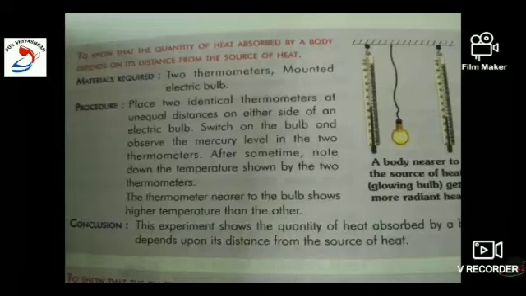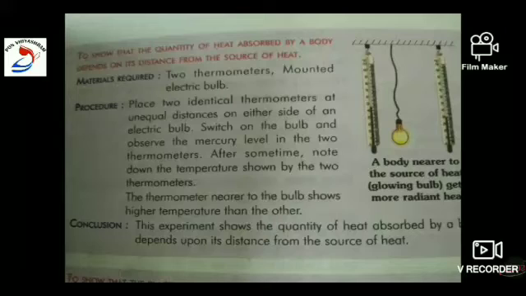And the next activity is to show that the quantity of heat absorbed by a body depends on the distance from the source of heat. Two thermometers and you have a mounted electric bulb. Then place two identical thermometers at an equal distance on either side of an electric bulb. Switch on the bulb and observe the mercury level in the two thermometers.